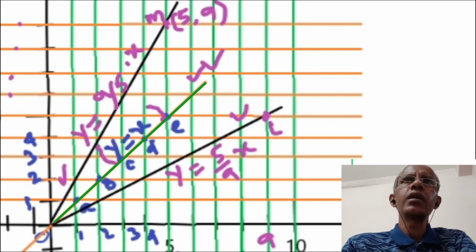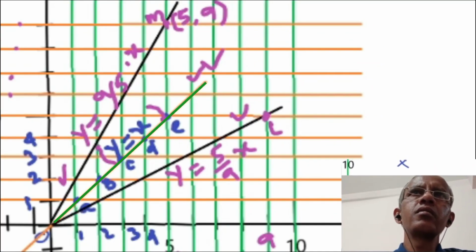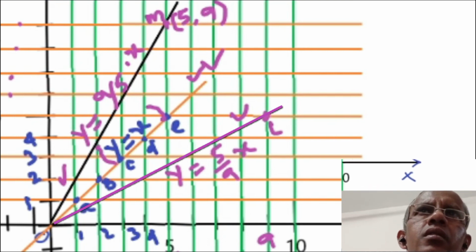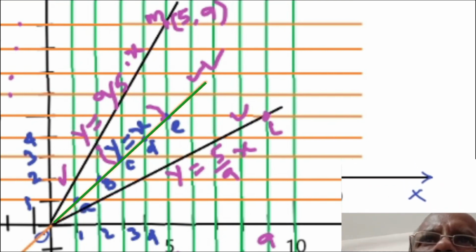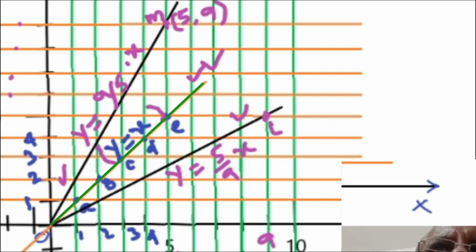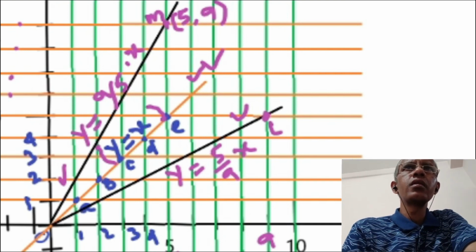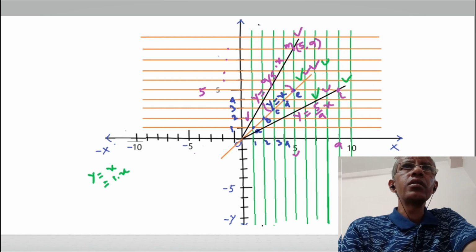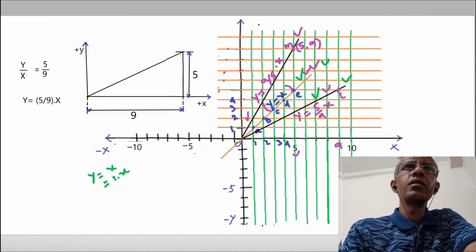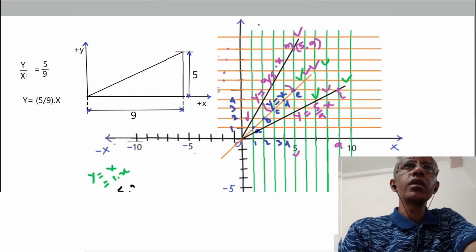And if we again make the comparison between the two lines, this line and this line, for the first one with the orange color, the formula is y is equal to x. The coefficient is 1. And for the other line with the black color, y is equal to 5/9 into x.